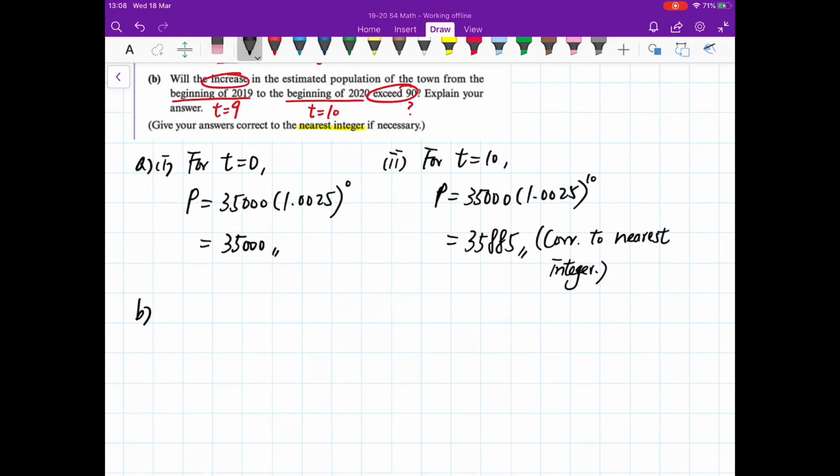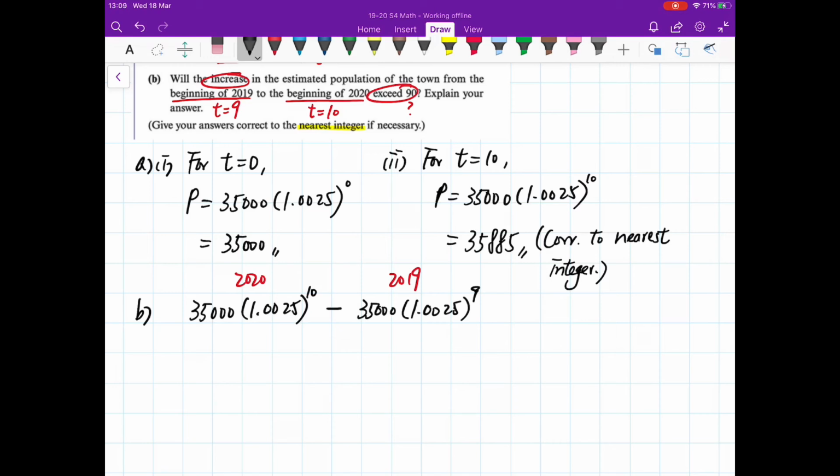Okay, so we have to substitute two numbers. The first one is T equals 10, and then the second one is T equals 9. It stands for 2020 and 2019.